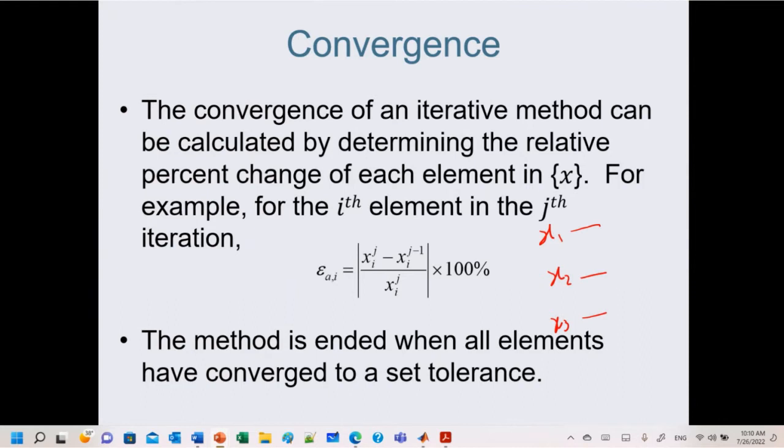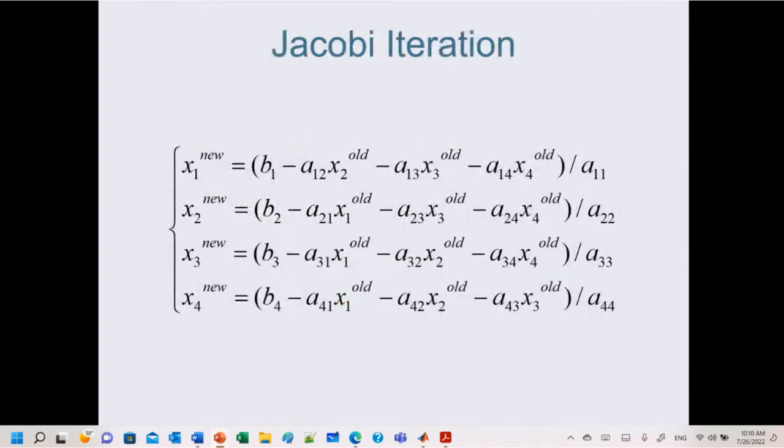Then usually what we do is that if we have a stopping criteria, let's say of 1%, then you are going to make sure that the approximate error for each one of them is less than 1%. So you don't just look at one value, but you have to find error for all the unknowns.